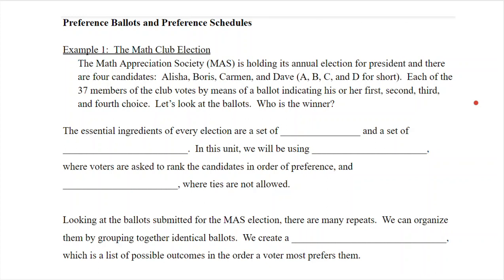So, some essential ingredients of every election are a set of voters and a set of candidates or choices.